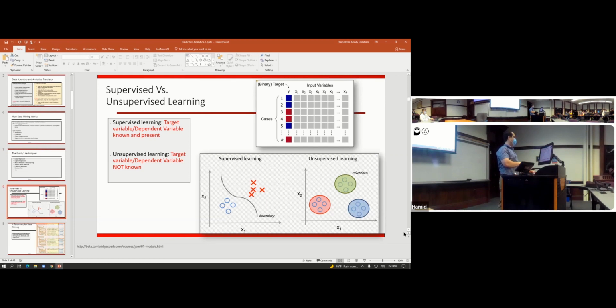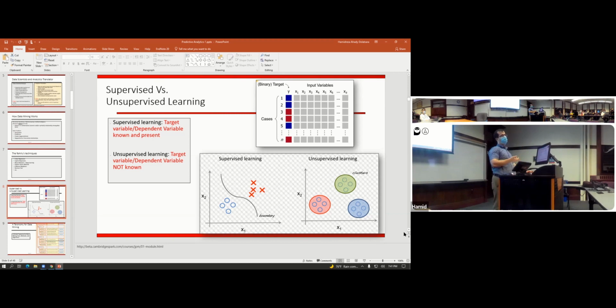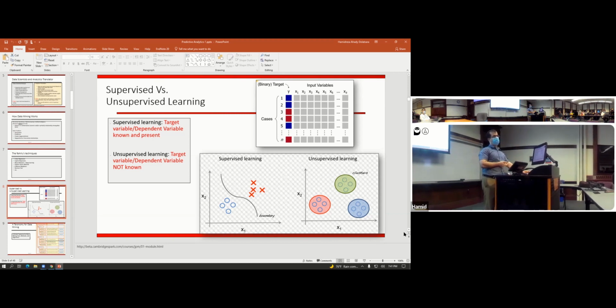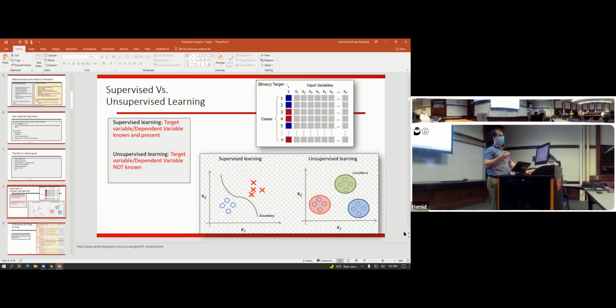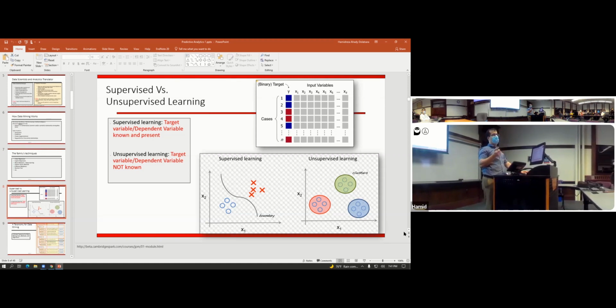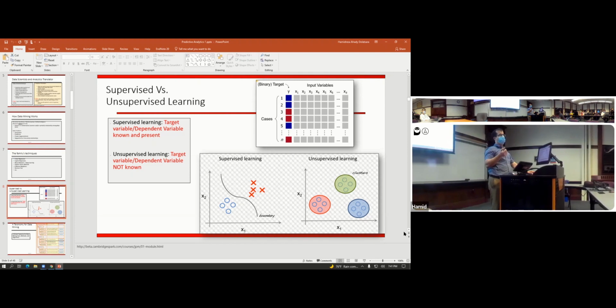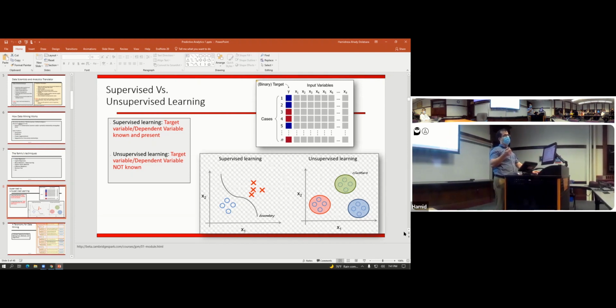Generally speaking, we have two types of learning, supervised and unsupervised. For supervised learning, you know your dependent variable or your target variable. Sometimes instead of dependent variable, we call it target variable. Let's say you have historical data of Bitcoin.